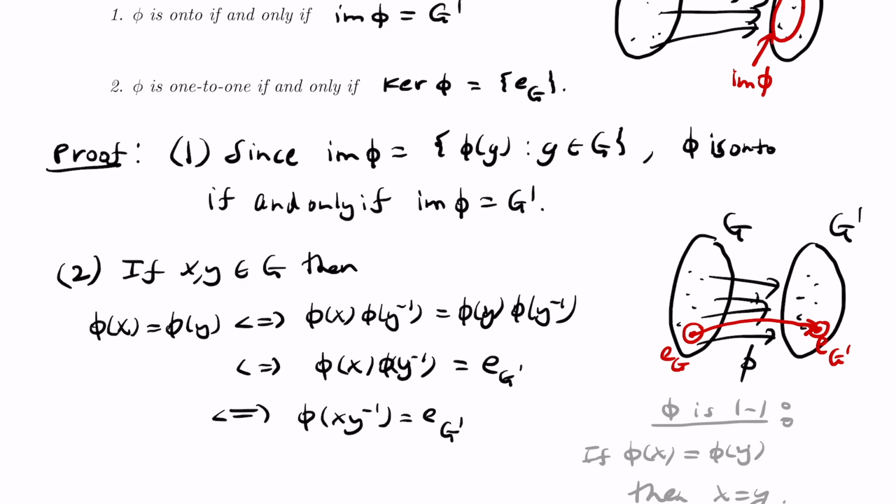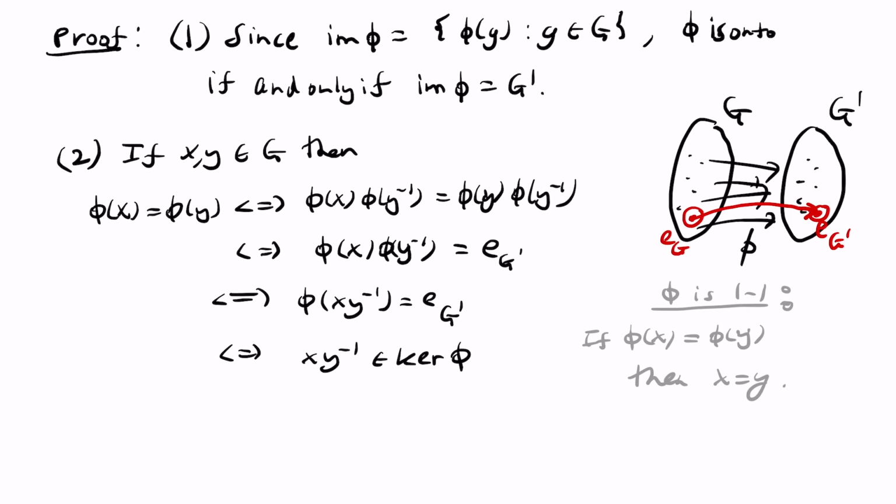Okay, but this is saying that this element maps to the identity of G prime, which is the same as saying that x y inverse is in the kernel of phi. So, all in all, we're able to change the condition of phi of x equaling phi of y to be the same as a statement of this particular element x y inverse being in the kernel of phi.